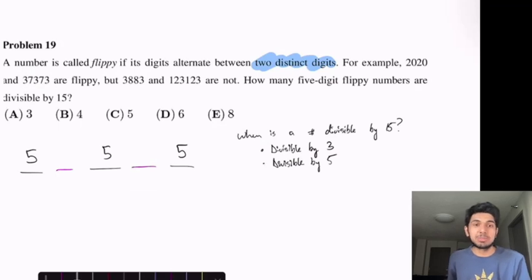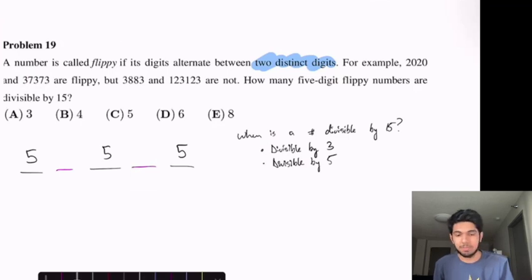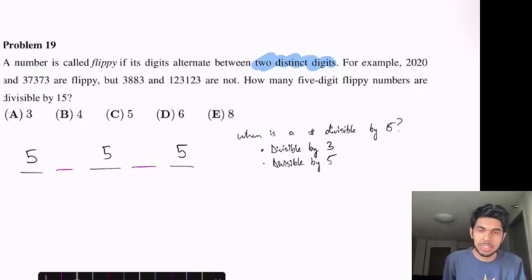When is a number divisible by 3? If you're not familiar with divisibility tricks, I highly encourage you to know them. Like for 5, we just looked at the units digit. There's a lot of other divisibility tricks. For example, for divisibility by 2, you look at the last digit, see if that's divisible by 2. For 4, you look at the last 2 digits.